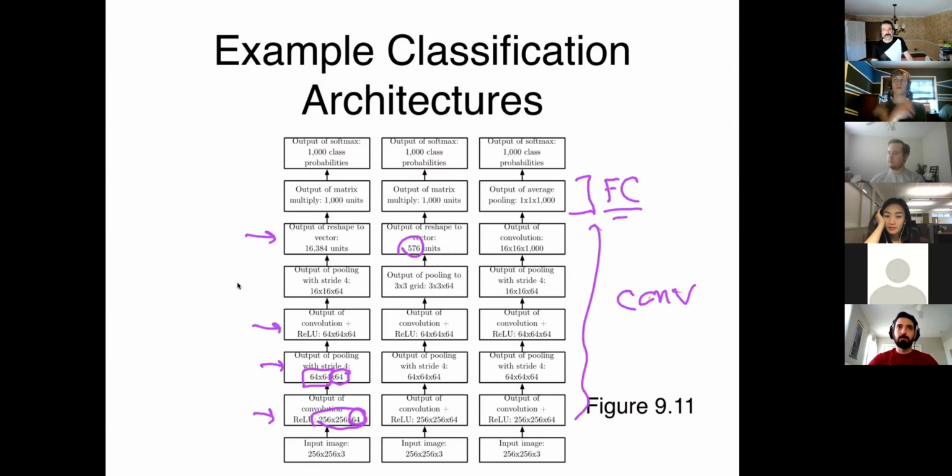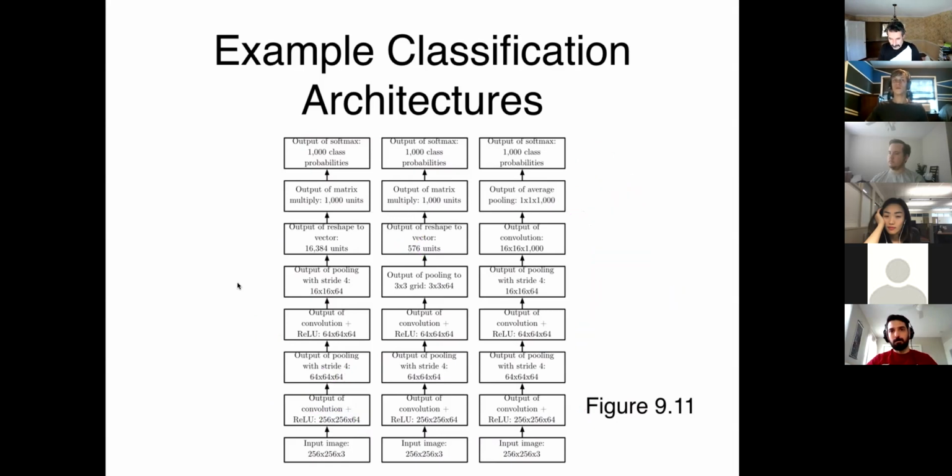Then you can put a fully connected layer on top of this small vector to do your classification, meaning to produce these output classes. Obviously, before this, you have logits of the same size we discussed, and then you do softmax on top of this to produce the probability that you want to get. So this is typically how it looks: you start large, make it small, and then on top of it you do the fully connected layer.